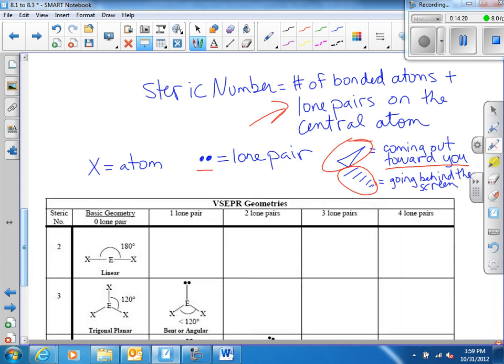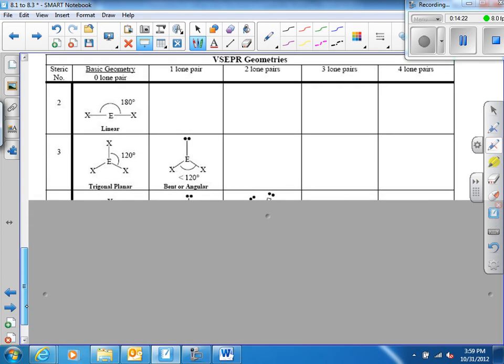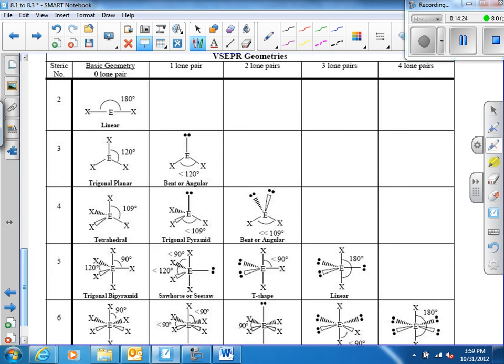All right, so here is our chart. Different geometries. Down the left side is steric number, lone pairs plus bonded atoms. And going to the right is how many lone pairs are on the central atom.